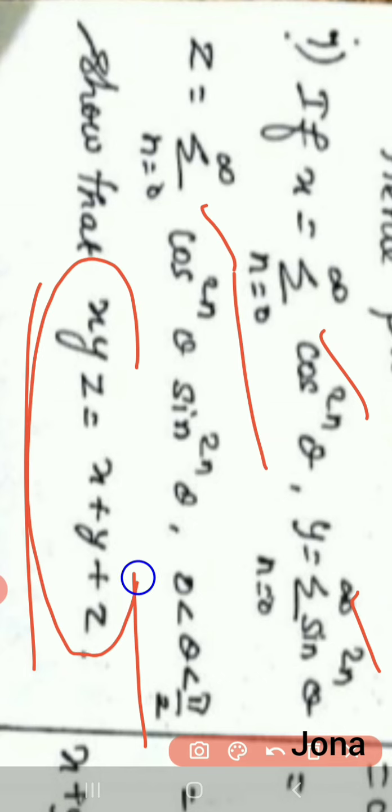Show that xyz equal to x plus y plus z. Here x is given, y is given, and z is also given. We want to show that xyz equal to x plus y plus z. Okay, let us see how to do that.